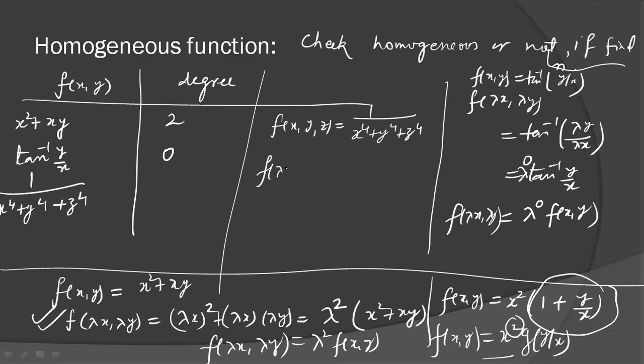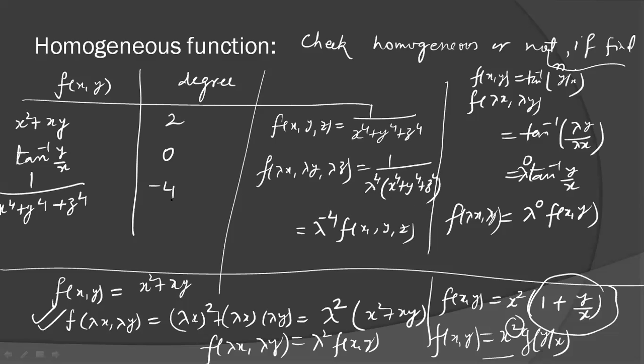If you find f of lambda x, lambda y, lambda z, it will become 1 over lambda to the power 4 times the same expression. So lambda to the power minus 4 f of x, y, z. It means you can write it in the form lambda to the power n f of x, y, z. So the degree is minus 4 here.